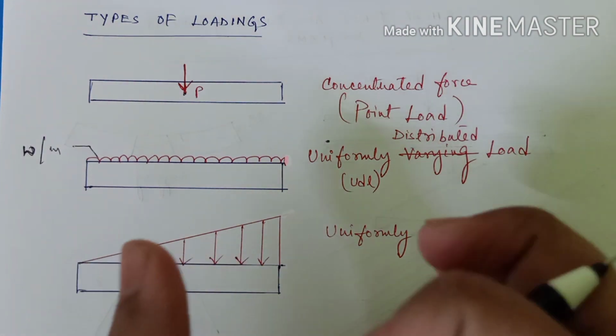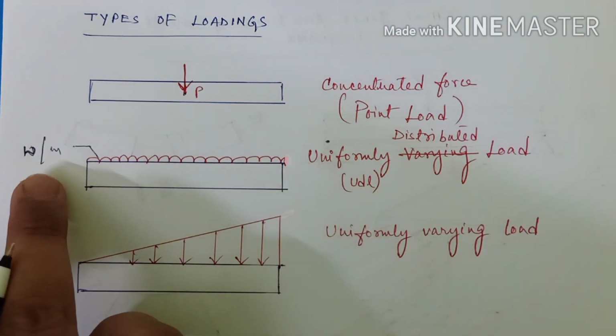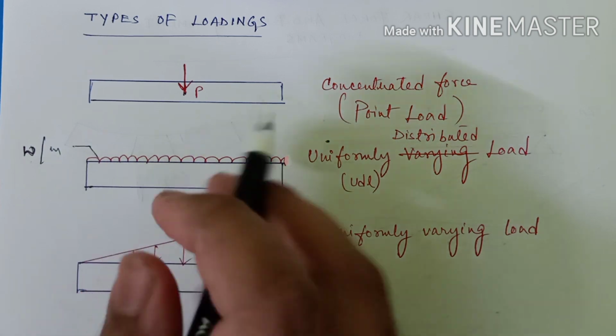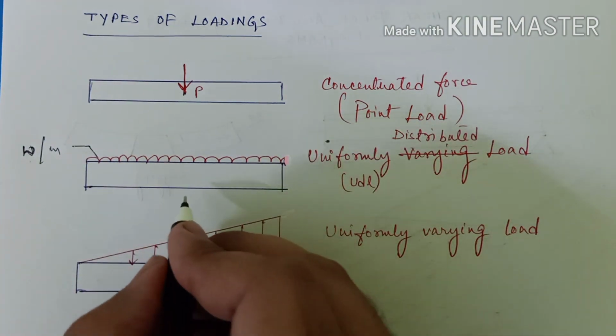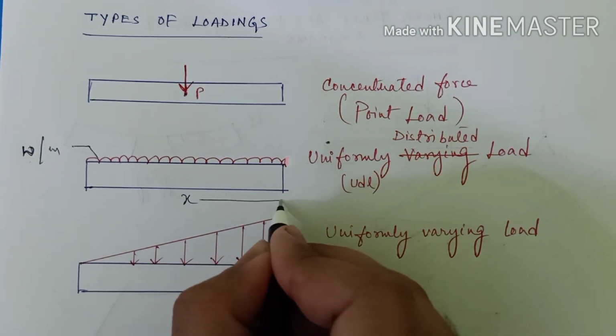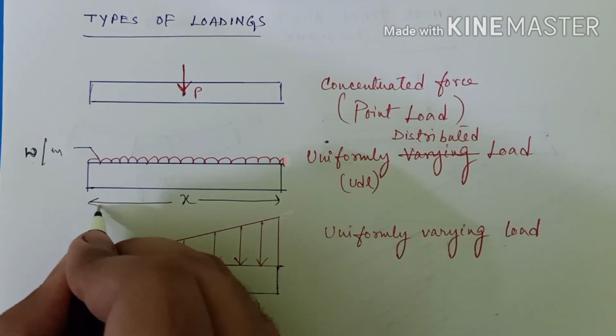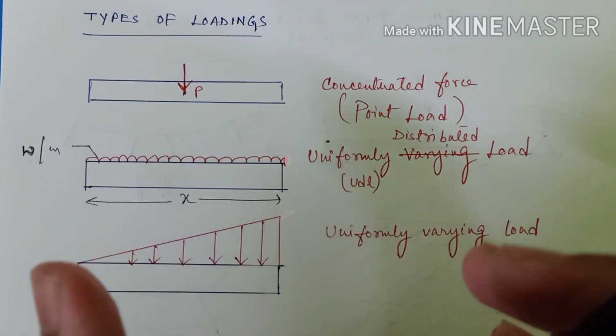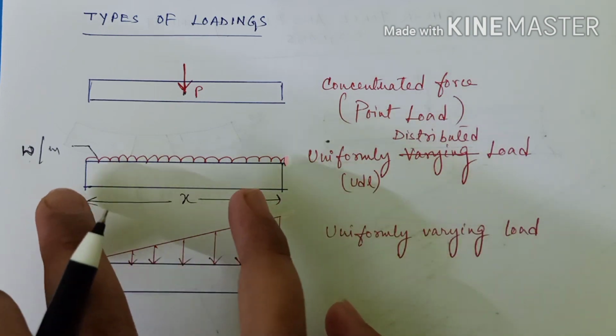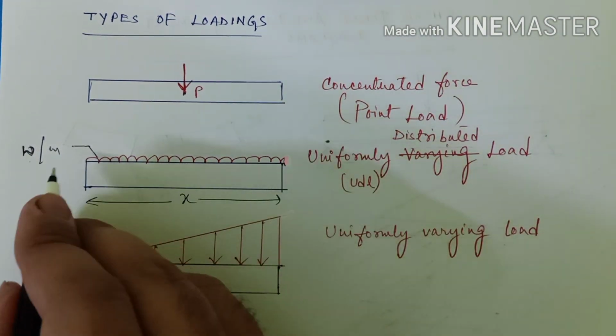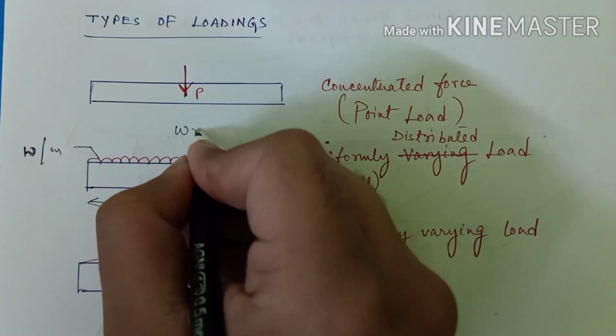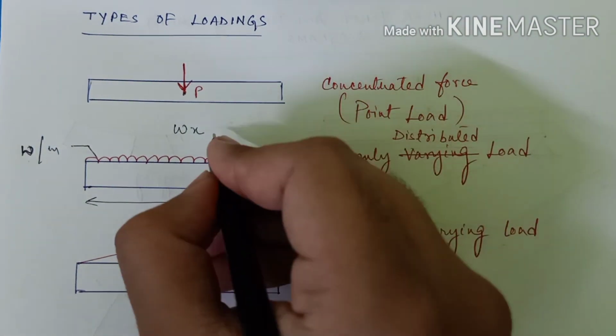So what will be the total force acting on the beam? It will be nothing but W into the whole length. So let us say the length of the beam is X. So the total load that will be acting on this beam is W multiplied by X meters, normal unitary method.